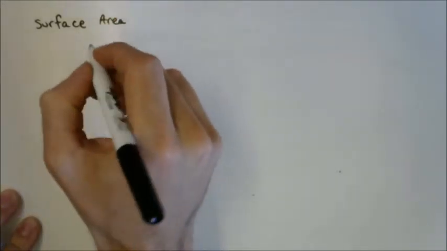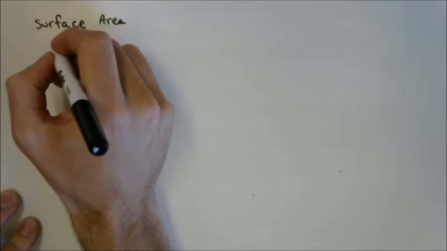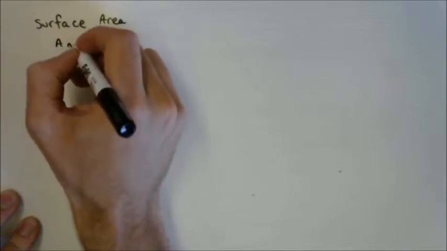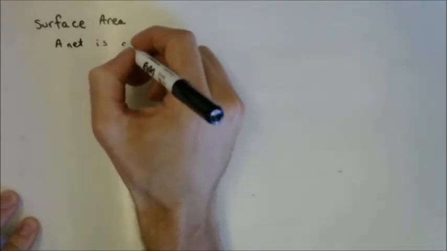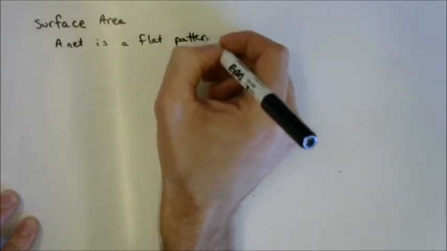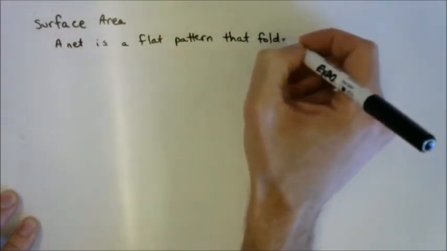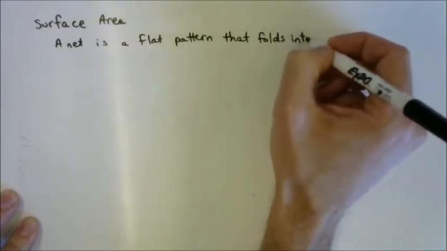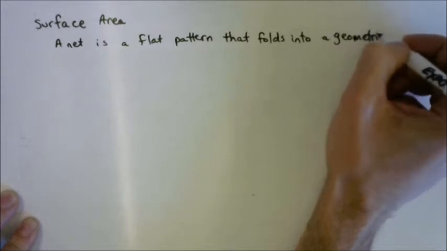Surface area. In order to do that, I'm going to tell you what a net is. Okay? A net is a flat pattern that folds up into a geometric solid.